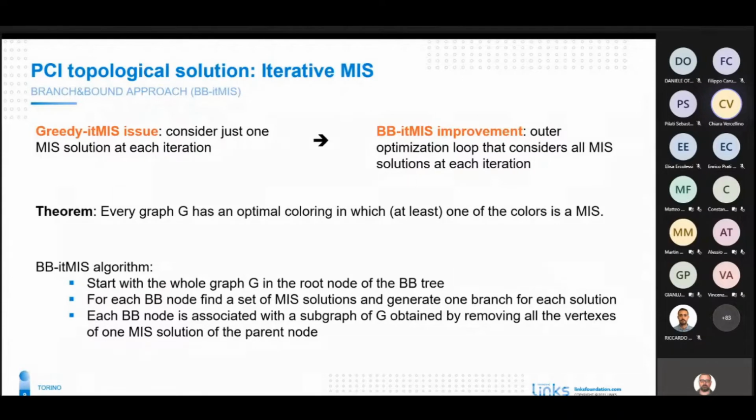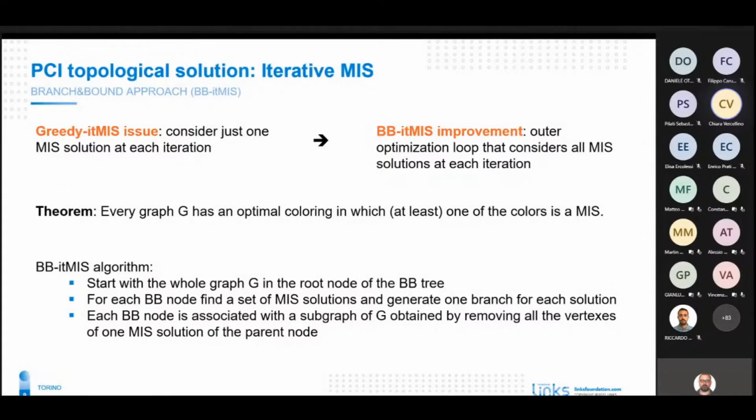This approach relies on a theorem which says that for every graph with an optimal coloring, there is an optimal coloring where at least one of the colors is a MIS. In this case, MIS stands for maximal independent set and not maximum, as there is no need for the color to also be the one of maximum size.